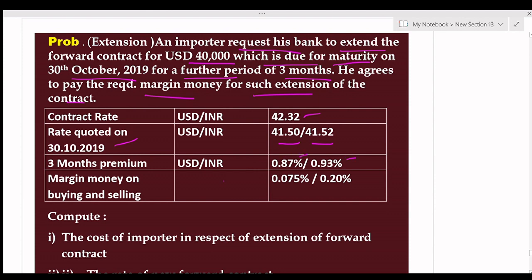Margin money on buying and selling is 0.075%, 0.2%. At least this 0.2% will be taken because it is an importer, and 41.52 plus premium plus margin will give you the selling price on the date 3 months after, that is on 1st February 2020.